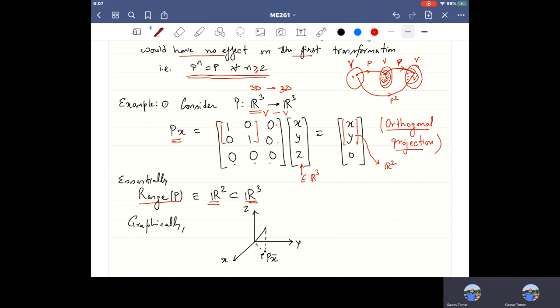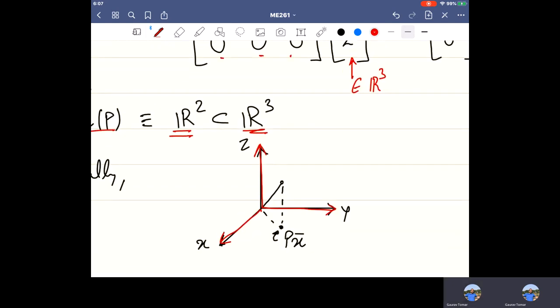If you want to see it graphically, what is happening? You have the X and Y axes like this in 3D, and let's say the Z axis is pointing upward in this fashion, and you have a vector here, X Y Z, given by this point.